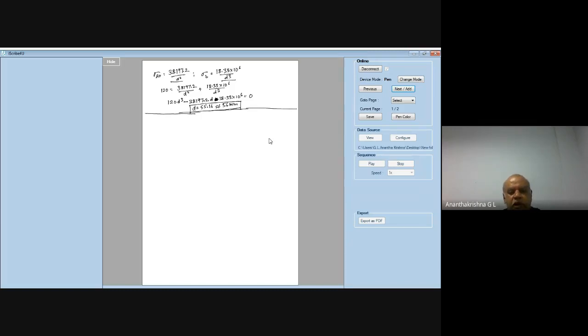In addition, it is subjected to a torsional moment of 100 Newton meter, as shown in the figure.